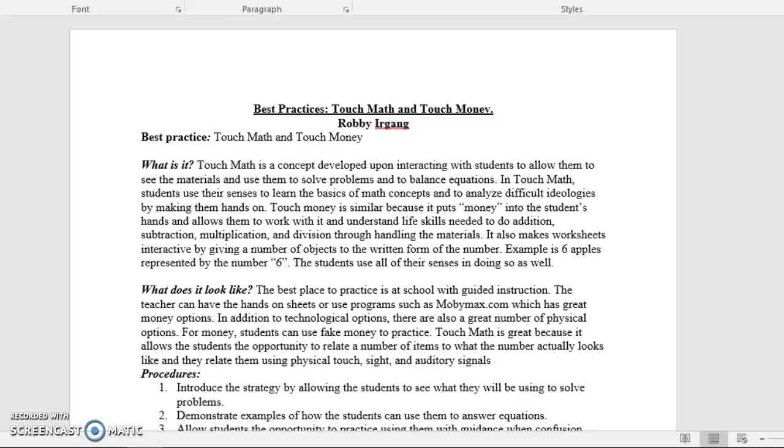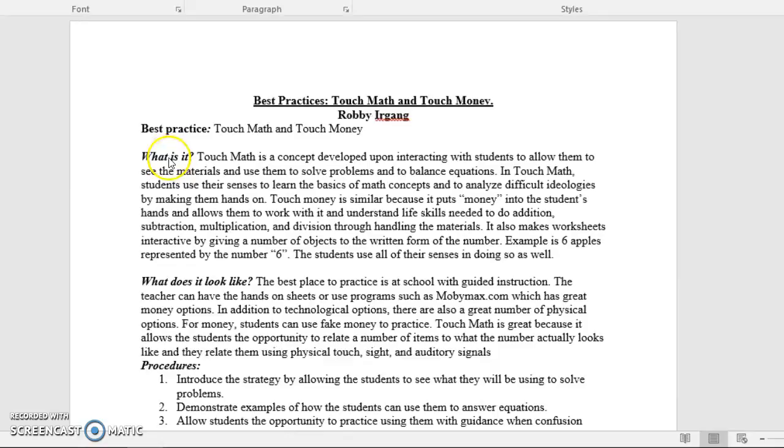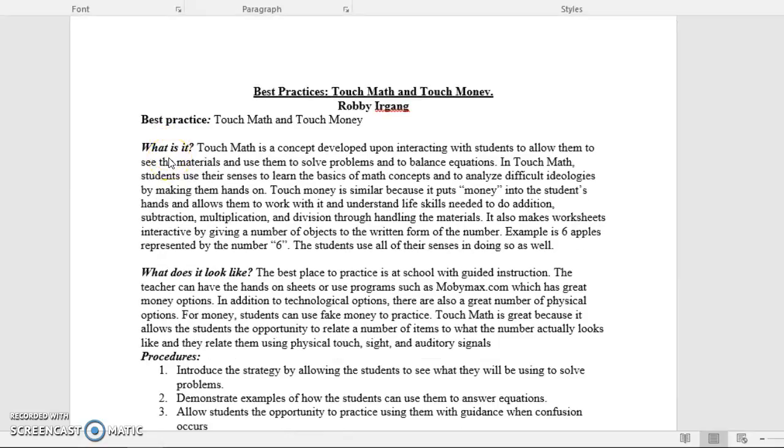So Touch Math is a concept that's really developed upon interacting with students to allow them to see the materials and use them to solve problems and to balance those equations. You'll see later what it looks like, but I wanted to let you realize that Touch Math is what it sounds like.